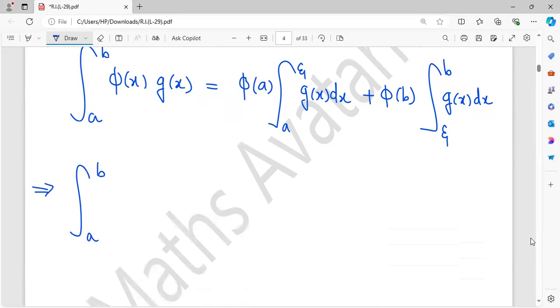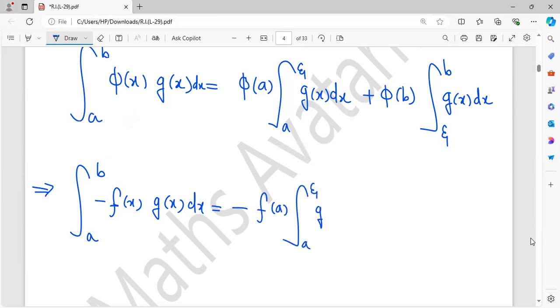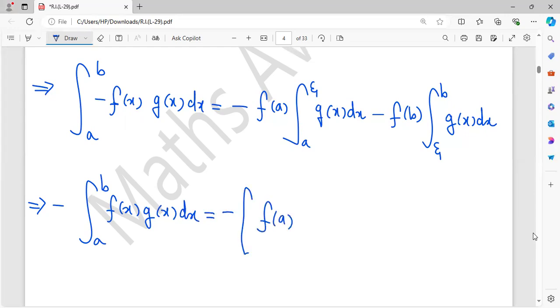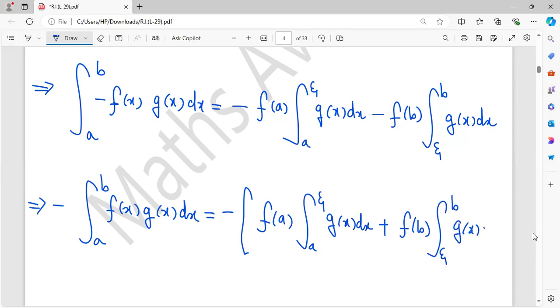So this implies minus integral a to b f(x) g(x) dx is equal to minus f(a) integral a to ξ g(x) dx minus f(b) integral ξ to b g(x) dx. Now take minus common outside.